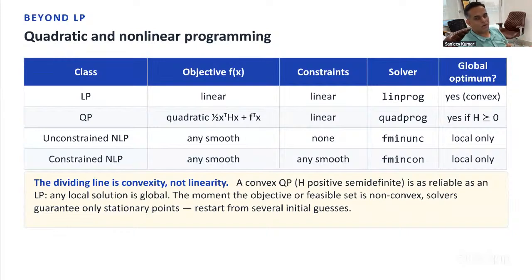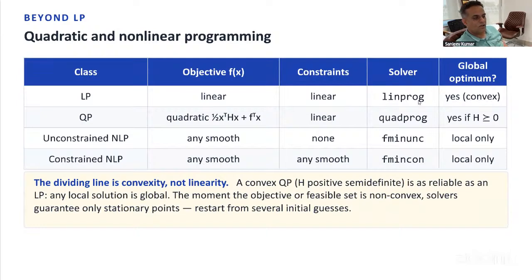So beyond linear programming problem, we are having many more things like quadratic programming problem, very popular in inverse problems and having lots of applications. Then we are having unconstrained nonlinear programming problem and constrained nonlinear programming problem. All these problems we can solve using the optimization toolbox solvers of Matlab.